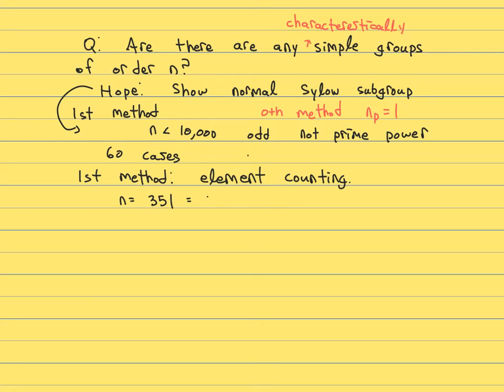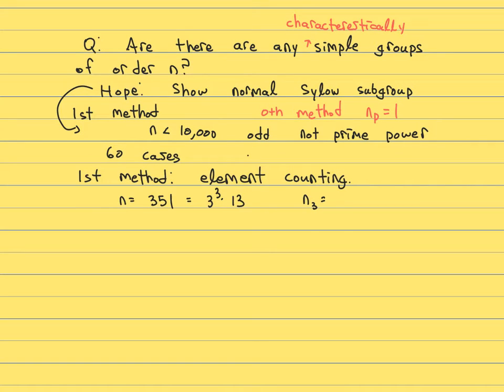So first we note that this factors as 3 cubed times 13. And so the choices for n_3, the number of Sylow 3-subgroups, it has to be congruent to 1 mod 3, and it has to divide what's left over when you get rid of the powers of 3. So it has to divide 13.